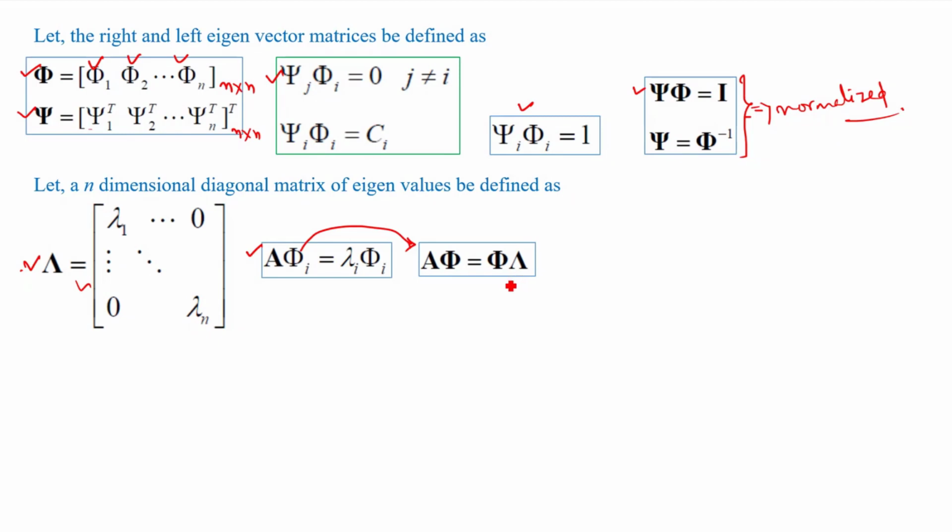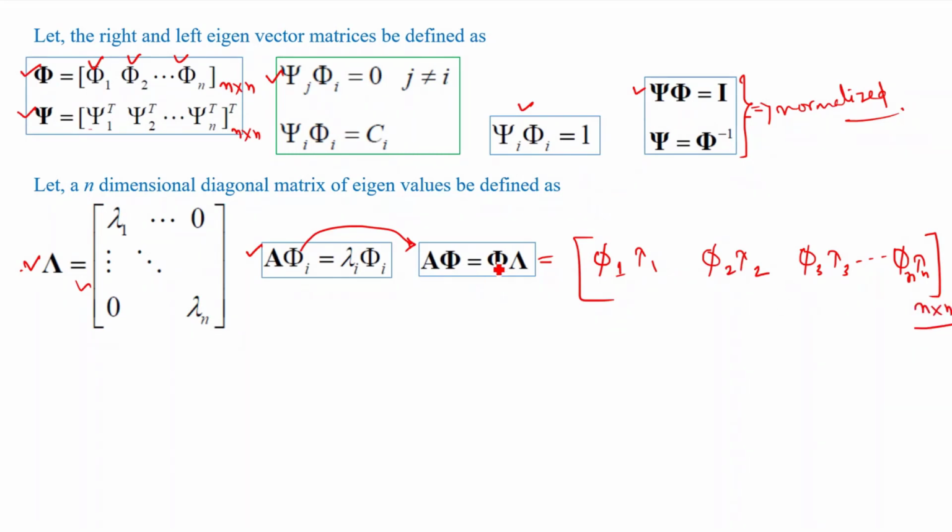If we expand this, it gives phi 1 lambda 1, phi 2 lambda 2, phi 3 lambda 3, up to phi n lambda n. This is also an n by n matrix.